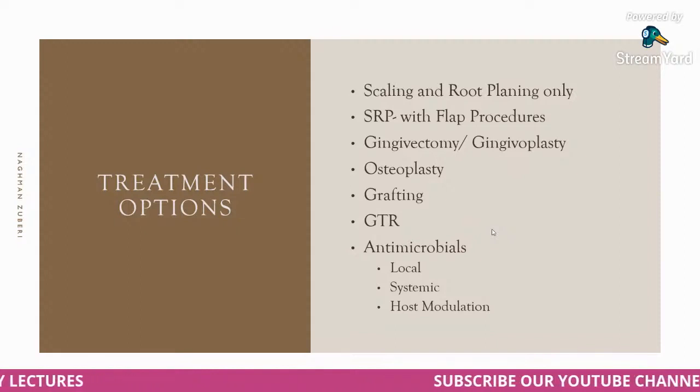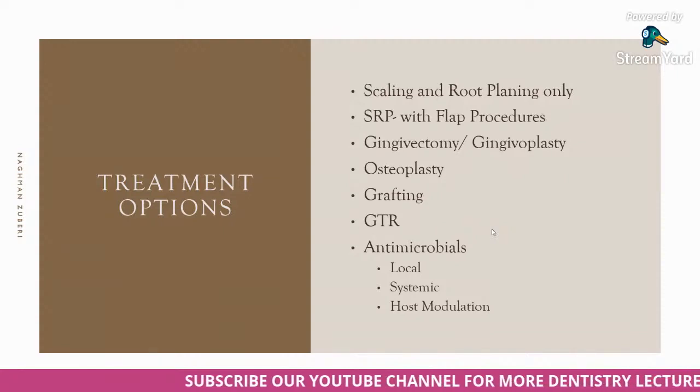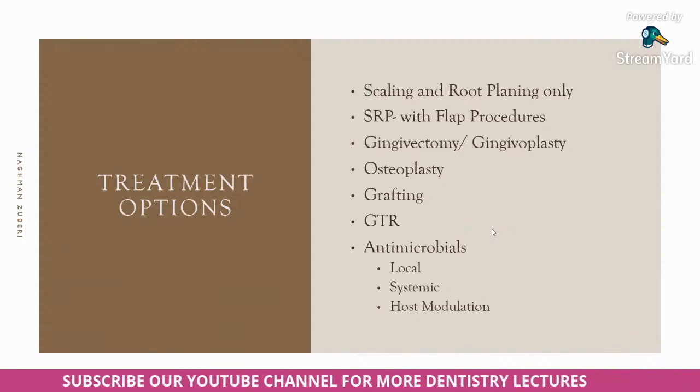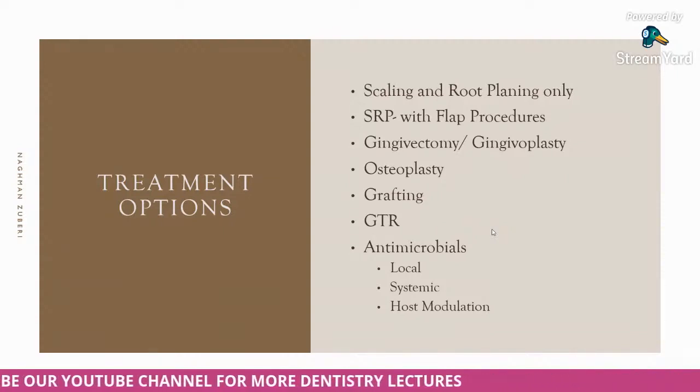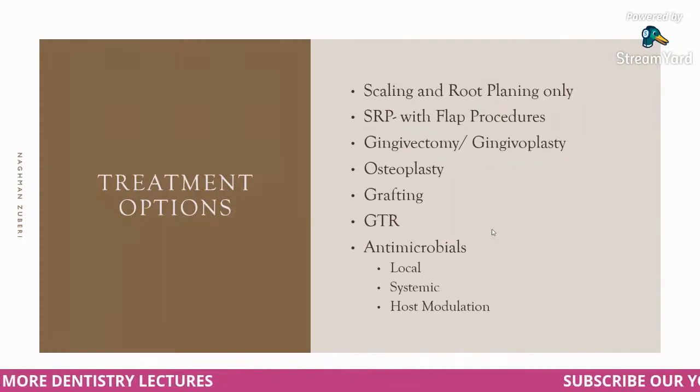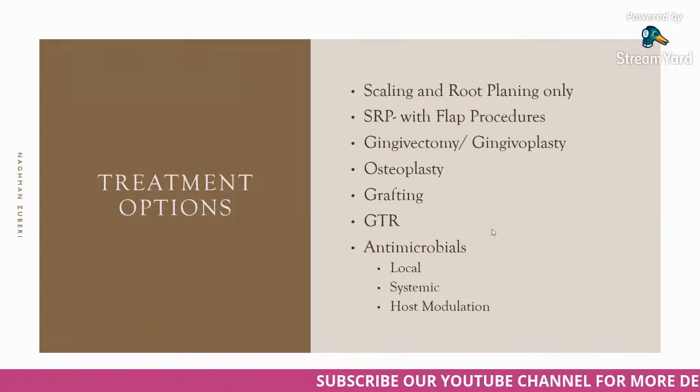In chronic periodontitis, scaling and root planing is the only solution for a couple of times. We are not going to give any antibiotic in chronic periodontitis. Keep this in mind when you are attempting the questions.